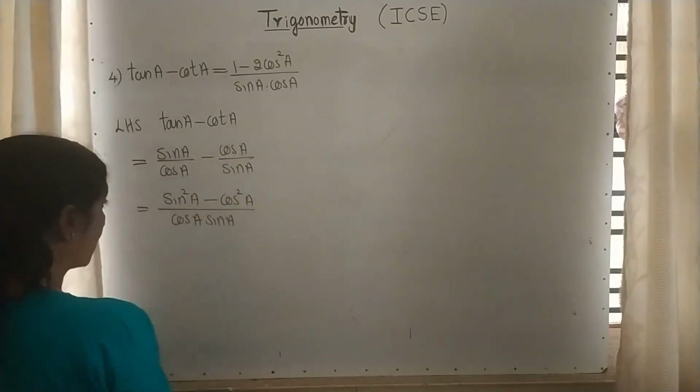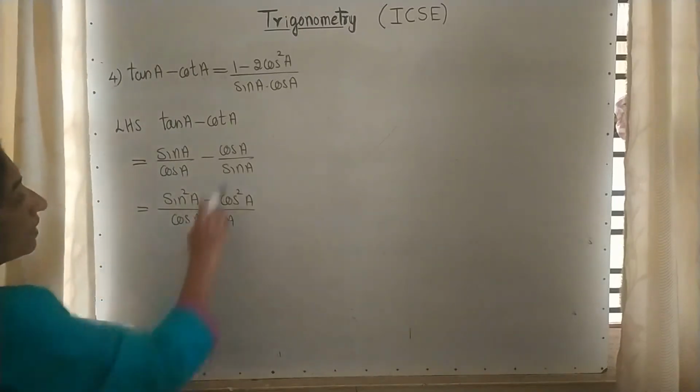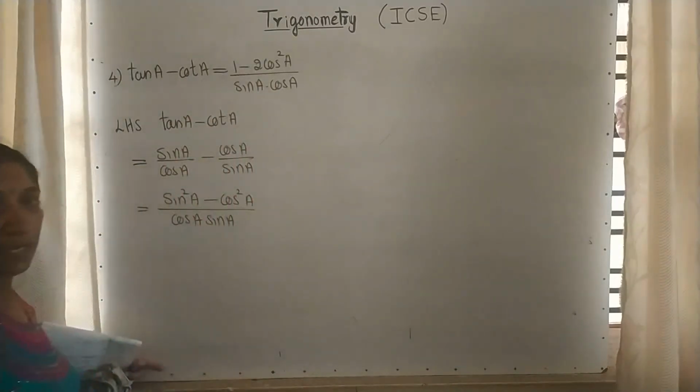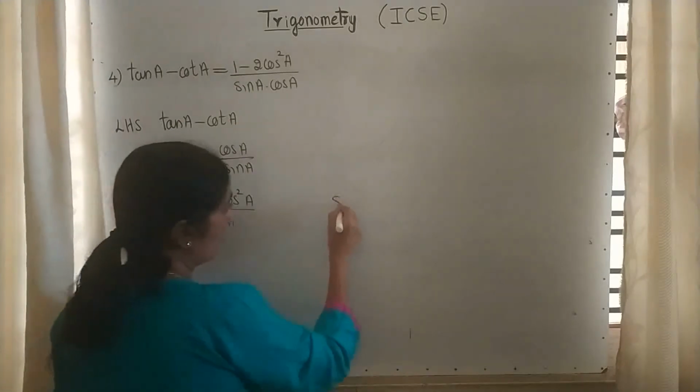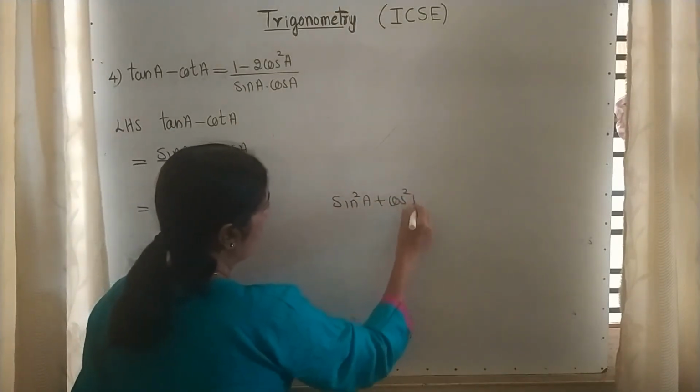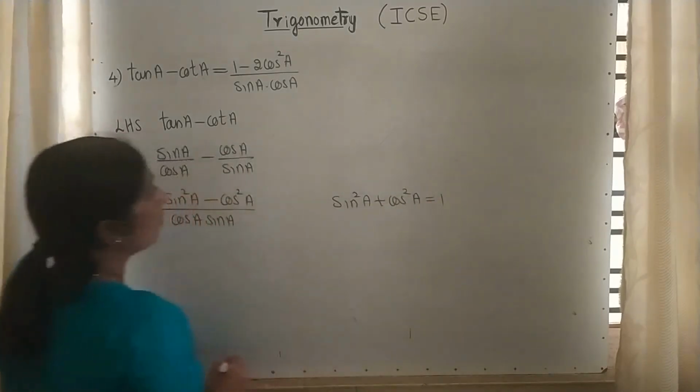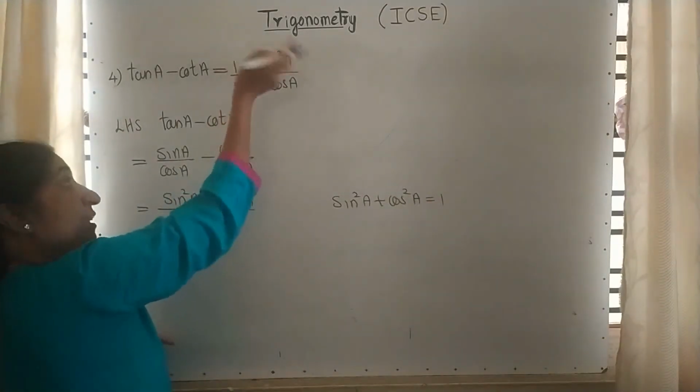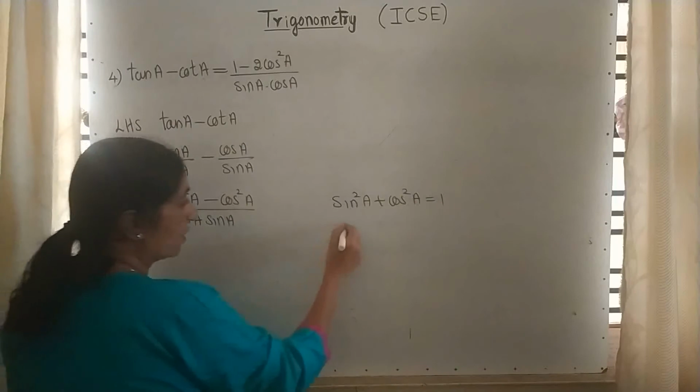But this is not the required answer. Why? In the answer we require 1 minus 2 cos square A. We have the identity sin square A plus cos square A is equal to 1. In the numerator we don't want sin.